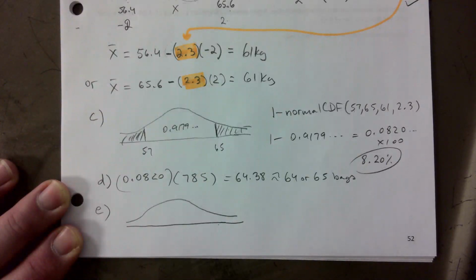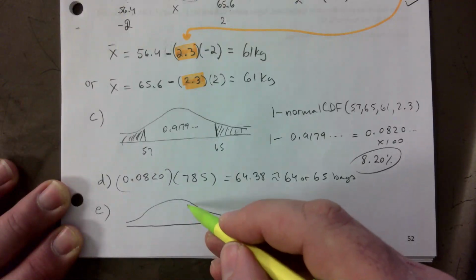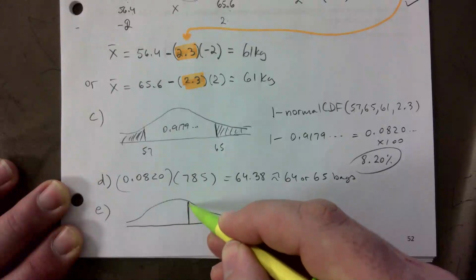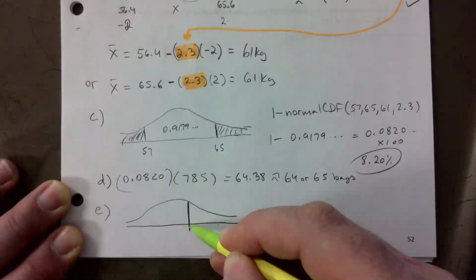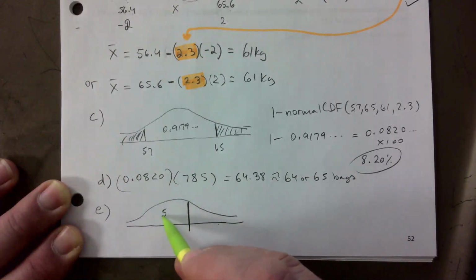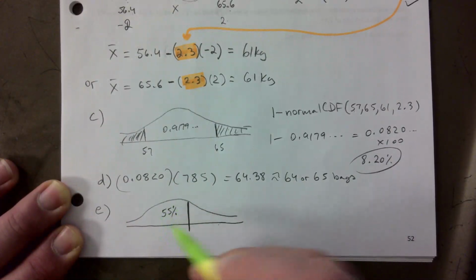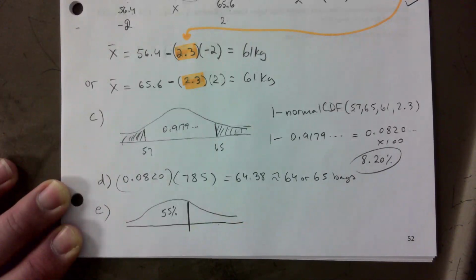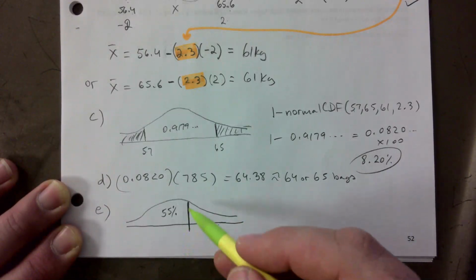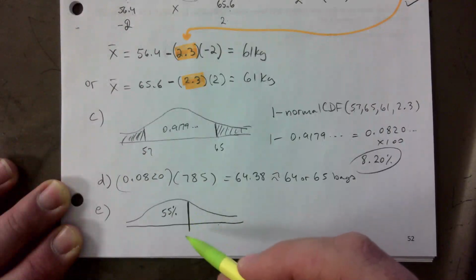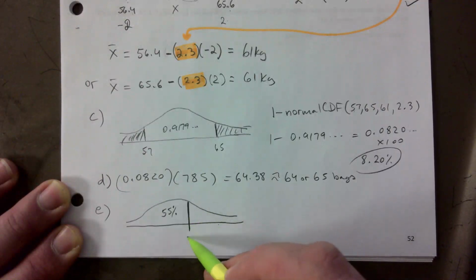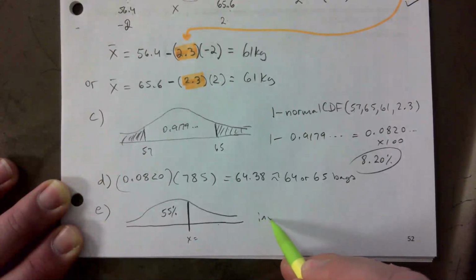If you read this carefully, your line that cuts this curve is somewhere up, because that weight will have 55% of bags weighing less than it. You have to find where it is on this curve, and you do that. So inverse norm.